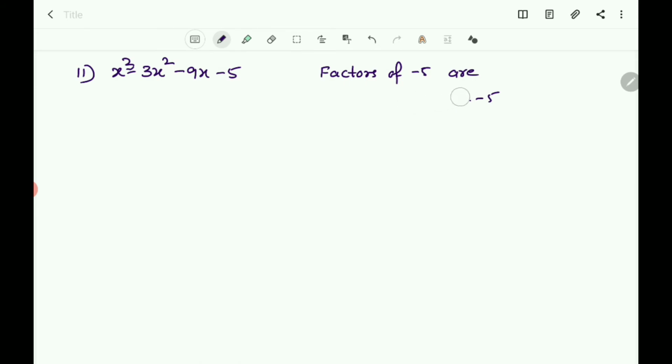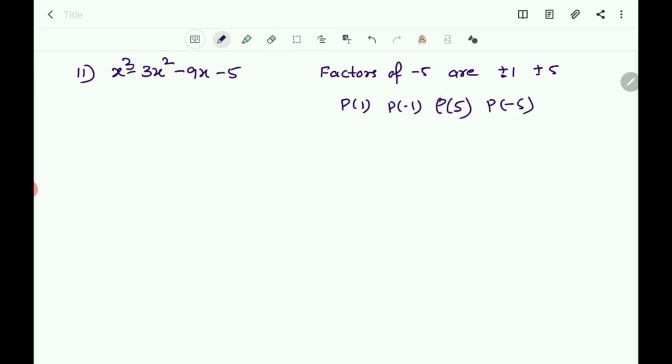Therefore, combined, you write plus or minus 1, plus or minus 5 here. So here we have to examine whether p of 1, p of minus 1, p of 5, p of minus 5 are factors or not.